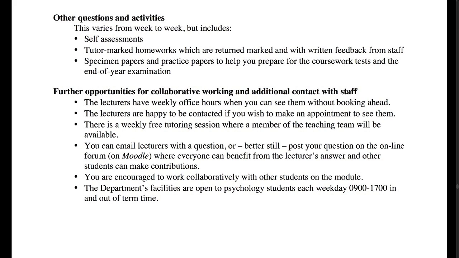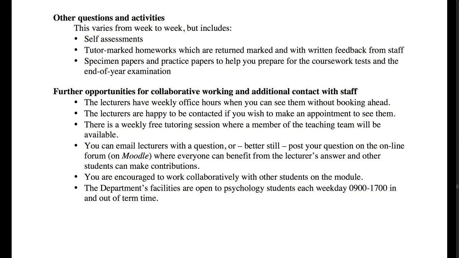There are also tutoring sessions where a member of the teaching team will be on hand, so that if you've got questions from the practical classes to finish off, or you've had difficulty with something in the weekly exercises, this is a good opportunity to go and get some help.